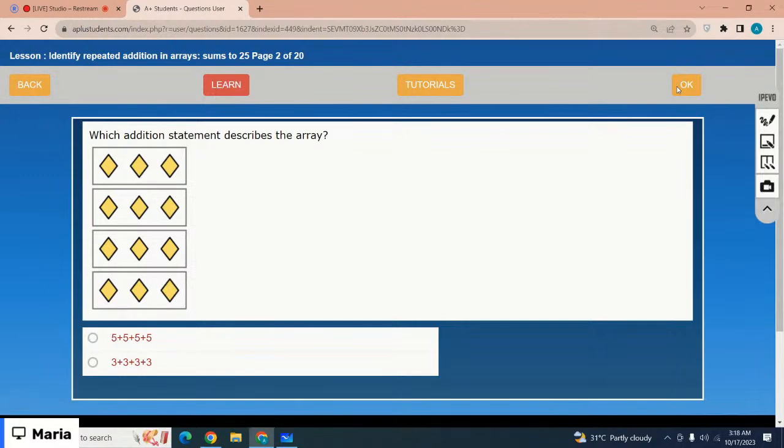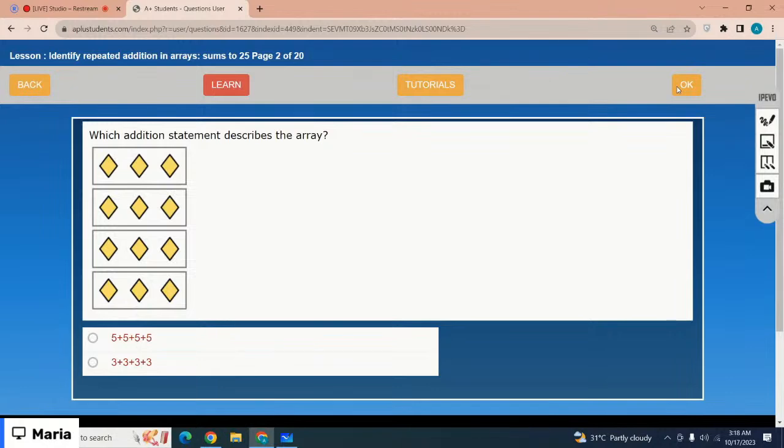Which is the correct option? You have one, two, three, four rows, and in each row you have three diamonds.